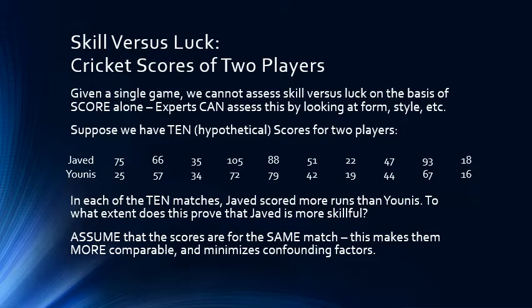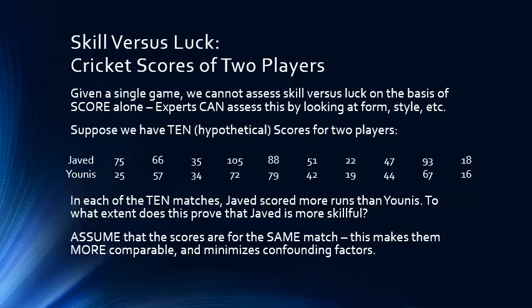So here we look at one case where two players, hypothetical players, we compare their scores in 10 games, and we find that in all 10 games, one of the players scored more runs than the other player. So does this imply now that Javed is more skillful than Yunus?